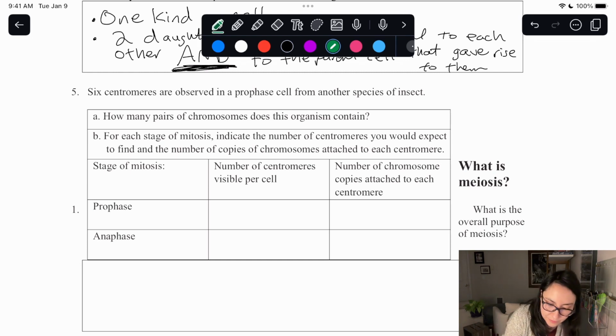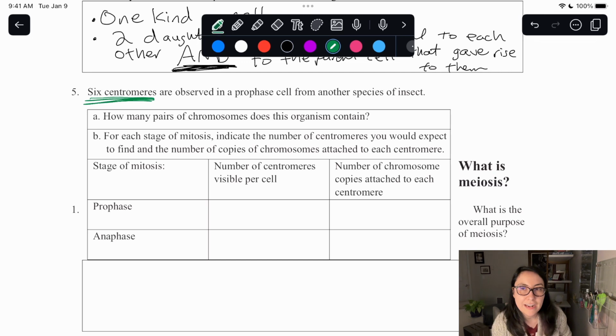Since it says the word 6 centromeres up here, divide it in half. And the reason why I say divide it in half is because you want to think diploid first, that's mitosis. Haploid is meiosis. So half of 6 is going to be 3 pairs.